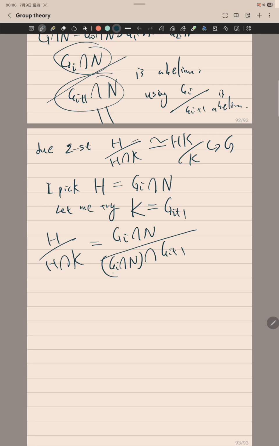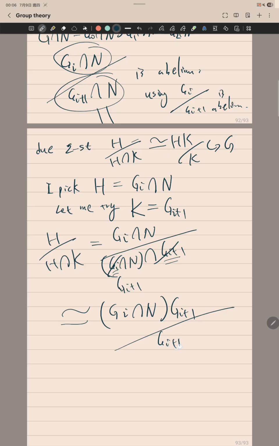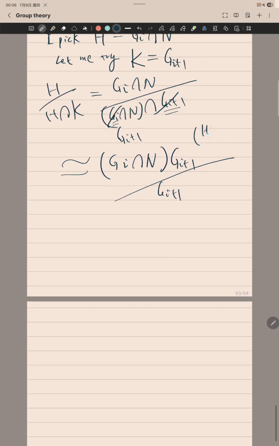Notice that G_{i+1} is a subset of G_i, right? So this intersection is basically G_{i+1}. So this will be isomorphic to ((G_i ∩ N) · G_{i+1}) quotient G_{i+1}. Right, this is HK quotient K.